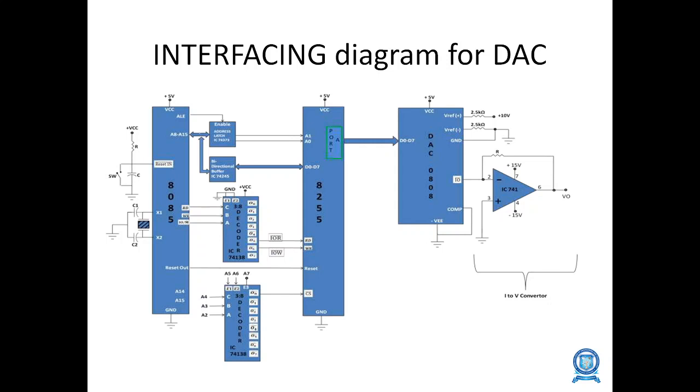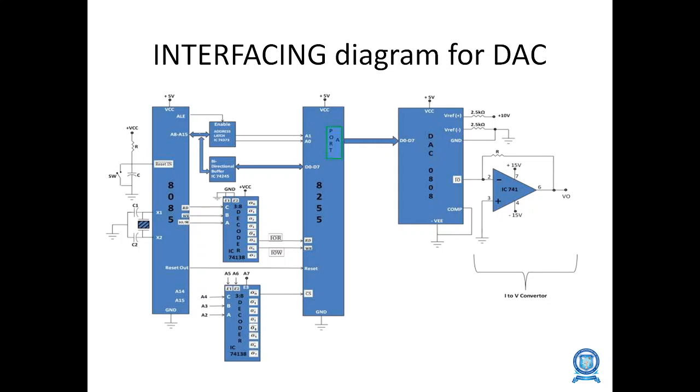Interfacing diagram for DAC, entire circuit from 8085, 8255 and DAC is connected with the I to V converter.